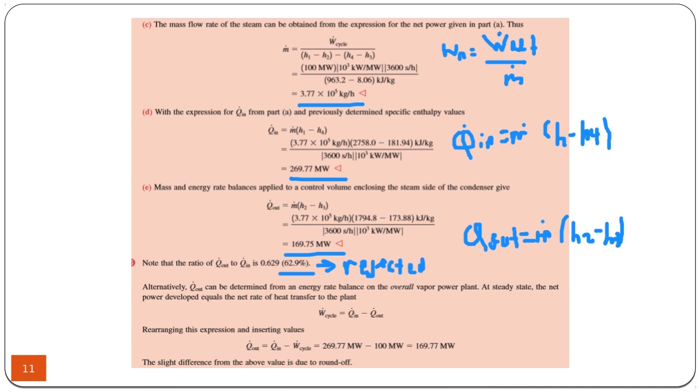The cycle work can also be calculated from the difference of the net heat. As you can see, we can calculate the condenser heat from this equation. The condenser heat is calculated as the same, so 169 megawatts. And it has to be equal to the mass flow rate of water times Cp of water times delta T of water.